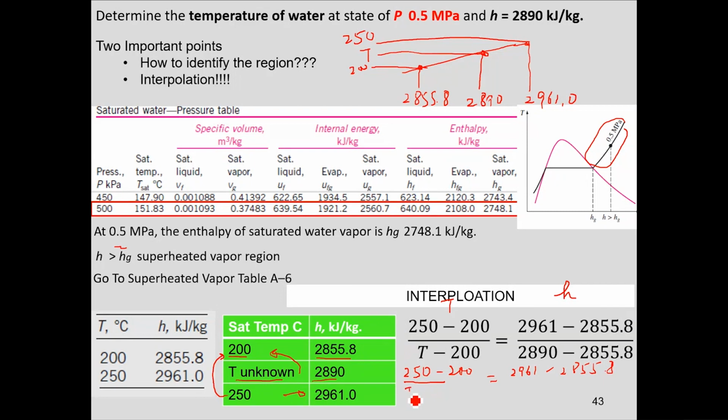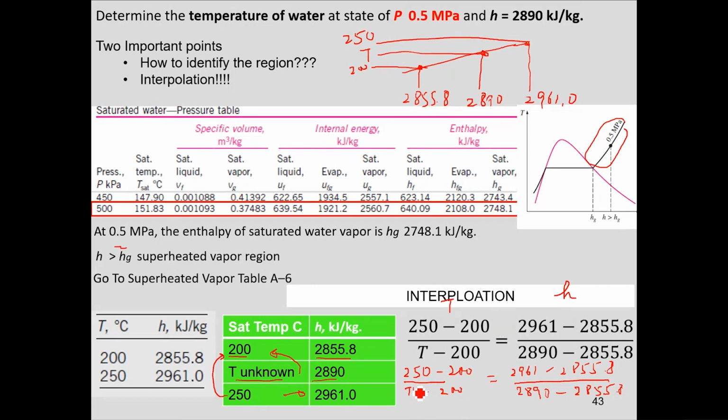Then I have divided by, on the left hand side, the temperature difference, which is T unknown minus 200, and similarly the enthalpy values corresponding to these two temperatures, 2890 minus 2855.8. This is simply taking the gradient, considering that the gradient of the line is the same, and I have taken the ratio.